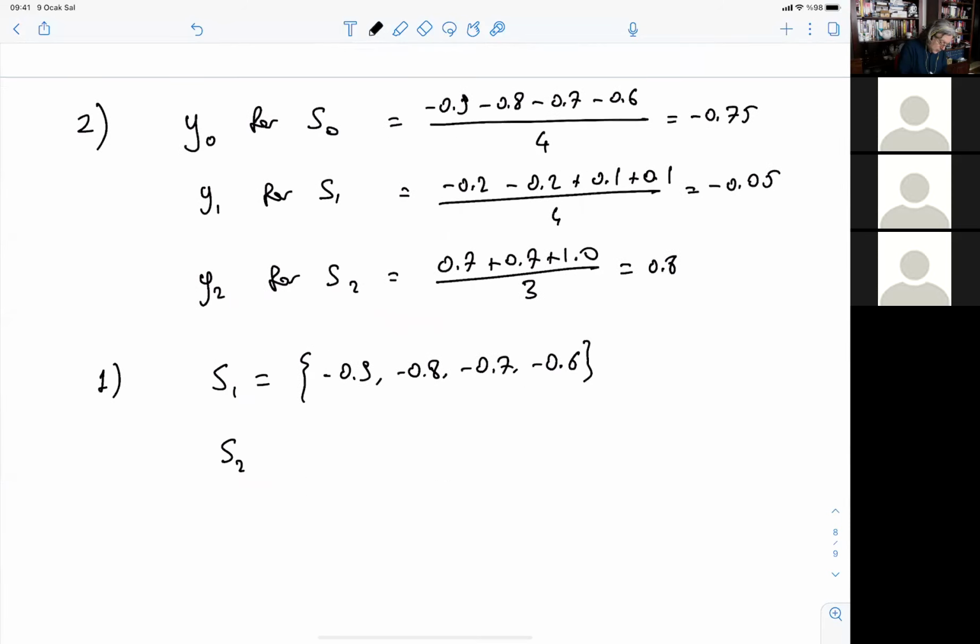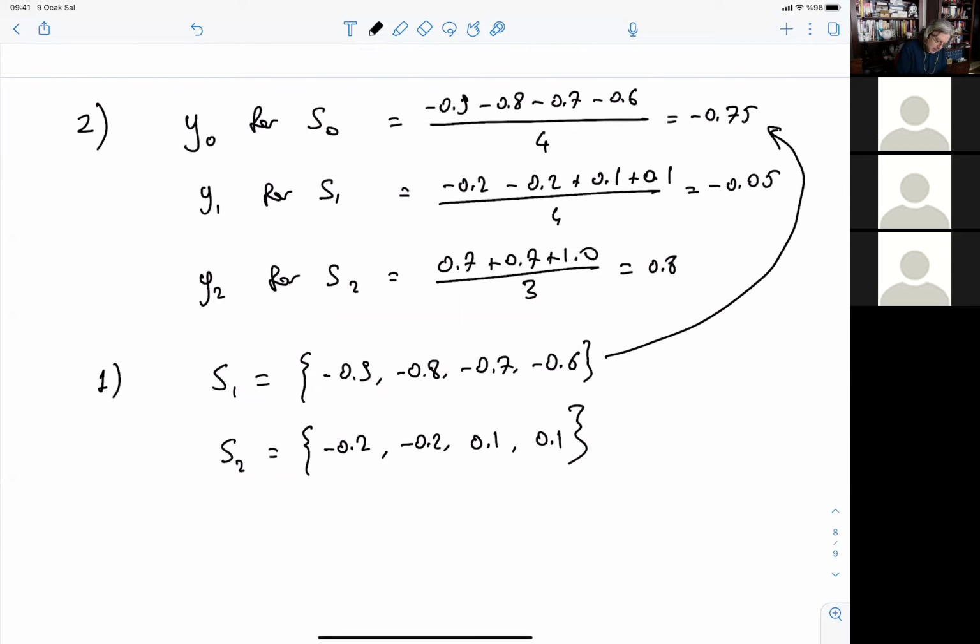And S2 will not change either. It will still be minus 0.2, minus 0.2, 0.1, and 0.1. This will be nearest to minus 0.75. These points will be nearest to minus 0.05.